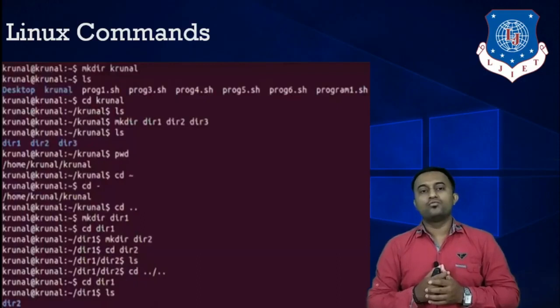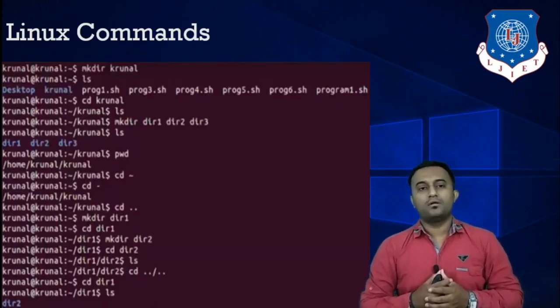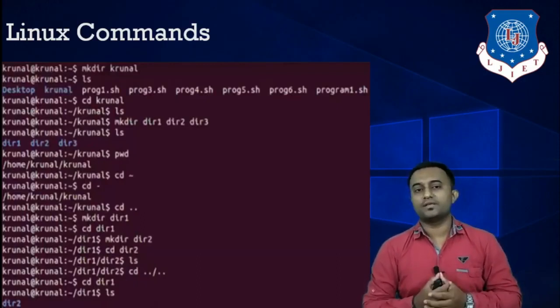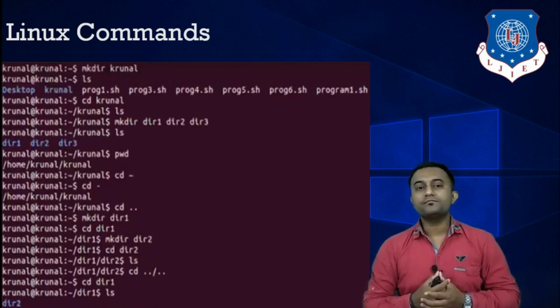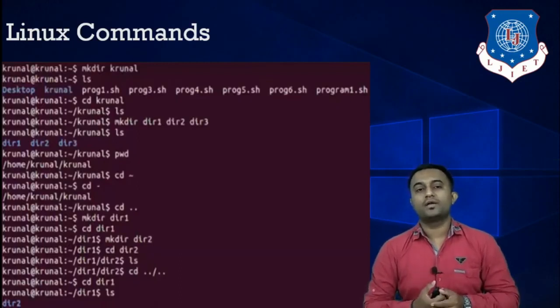And if you want to display the current working directory, there is one more option we have: cd space hyphen. Again it will show the current working directory's path. Fine.